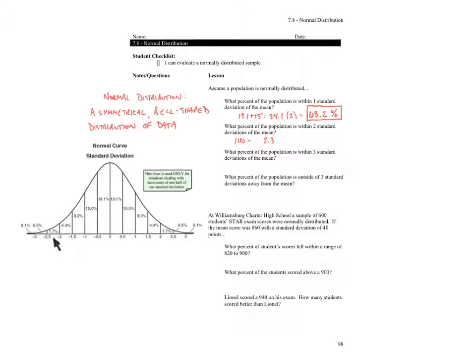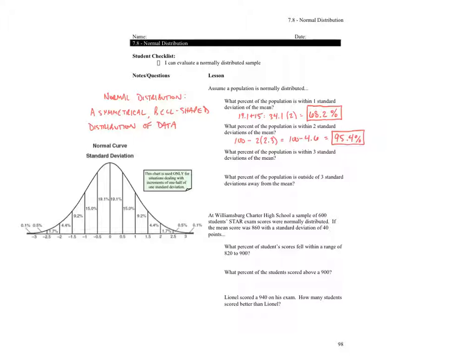And remember, I also have that on this end too. So I have 2 of these. So 100 minus 2 times 2.3 is going to be 100 minus 4.6, which leaves us with 95.4% of our data. So almost all of our data falls within this range.